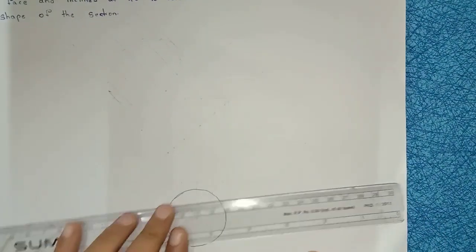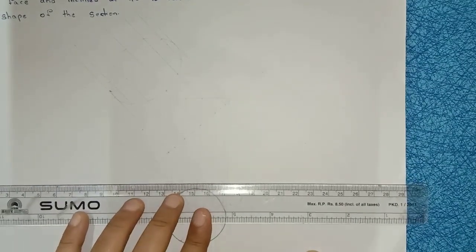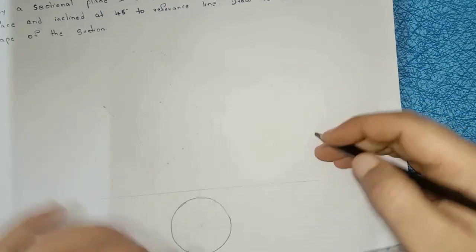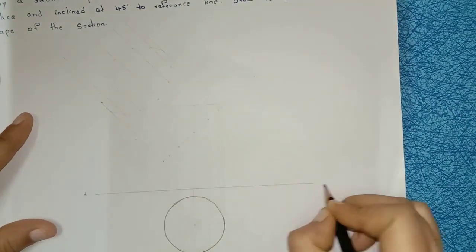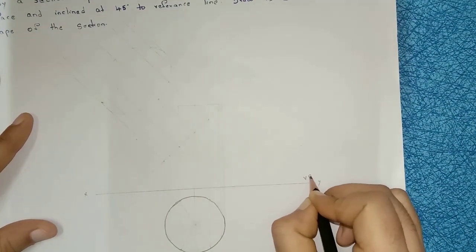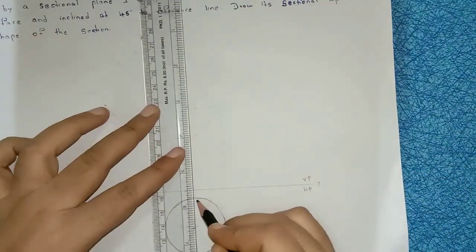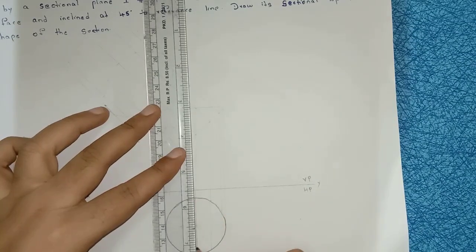Leave a 5 mm gap. Draw the reference line of any length. Name it as XY, vertical plane and horizontal plane. Now divide this cylinder into 12 equal parts.